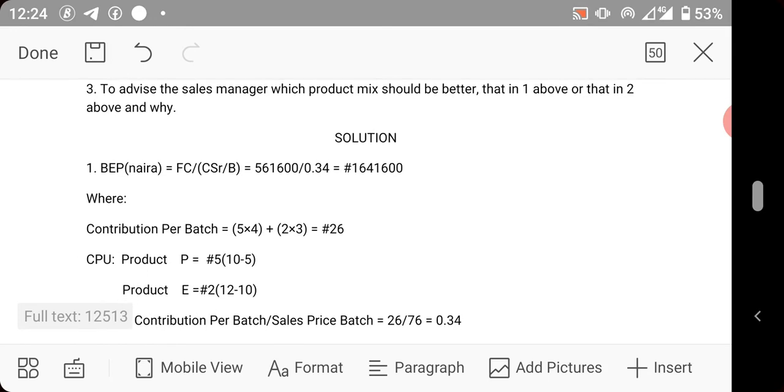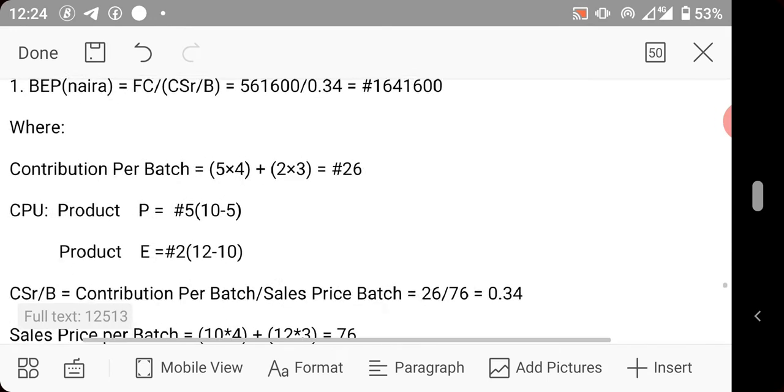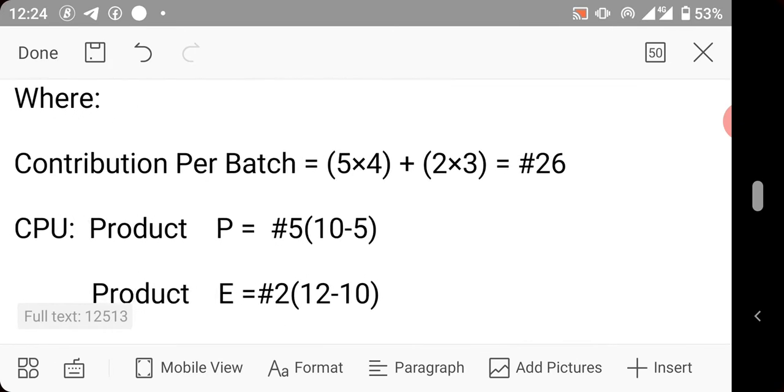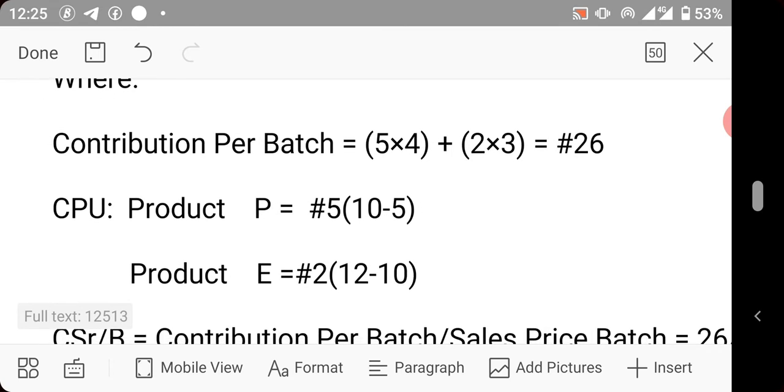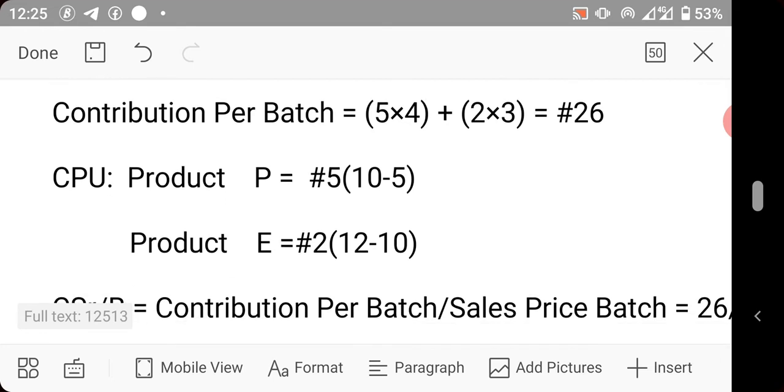Contribution per batch is equal to the contribution of A times the sales mix of A, plus the contribution of B times the sales mix of B. The contribution of P is 5 naira, which is 10 naira sales price minus the variable cost of 5 naira. For E, the contribution is 2 naira, which is 12 naira minus 10.